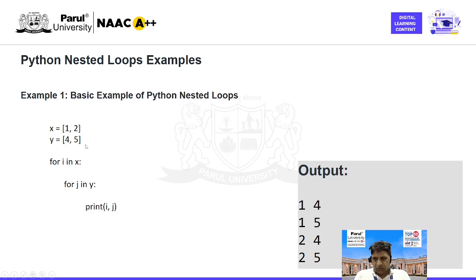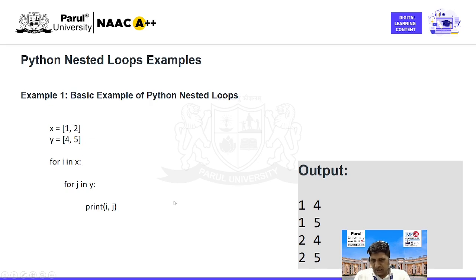x equals 1, 2. It gets the first value 1 from x, goes to for j in y, the first combination is 1 4, the second combination is 1 5. Again the inner loop is exhausted, go to the outer loop, it gets the second value from x, that is 2.